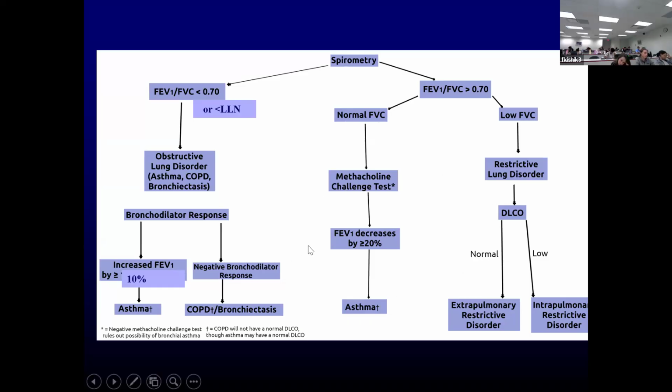If the FEV1 decreases by 20%, this is not 10% here, this is 20%, people make mistakes all the time. If on methacholine challenge test in a person who has normal PFT the FEV1 goes down by 20%, my patient has bronchial asthma. Is that clear to everyone? This is the algorithm that every pulmonologist follows day in and day out 100 times a day. We have gone through it step by step as to why and what. Make sure you're aware of this.